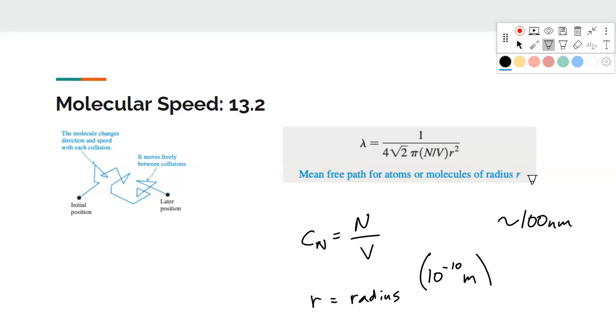So it would be like a person being able to walk like 500 meters before you bounce into someone. So it's a pretty good amount of space from the perspective of the gas molecules, which is why the ideal gas law works. But it's a very short distance compared to any human or biological scale. Even cells are much, much bigger than the nanometer scale.